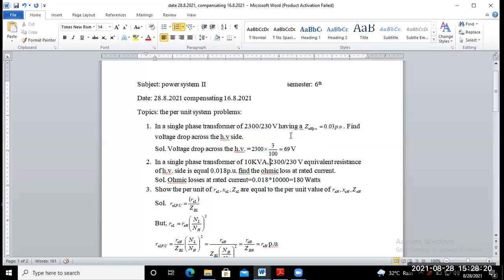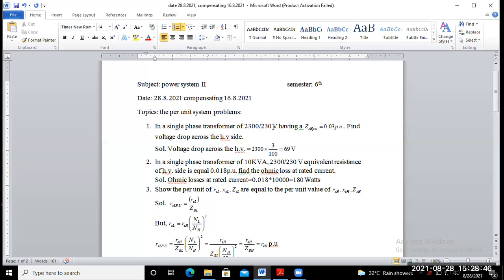If the impedance drop is provided as the equivalent impedance of the low voltage side in per unit, that means Z_EL in per unit, then you can directly obtain the voltage drop across the LV winding by multiplying the per unit impedance value with the voltage of the low voltage side.